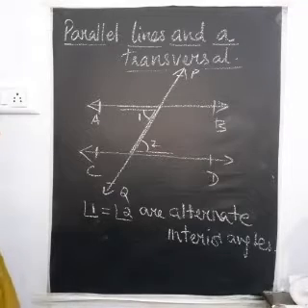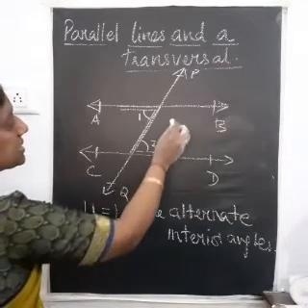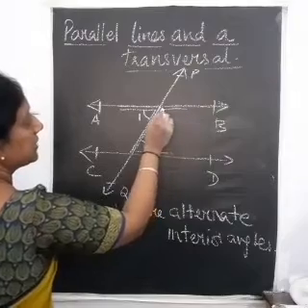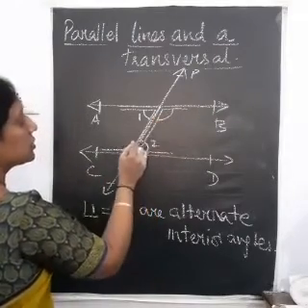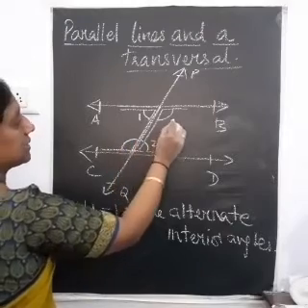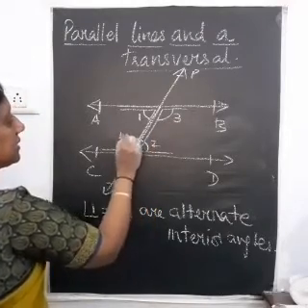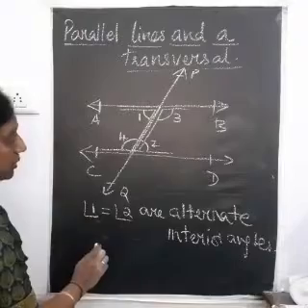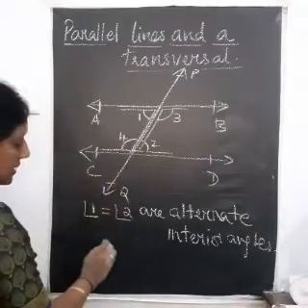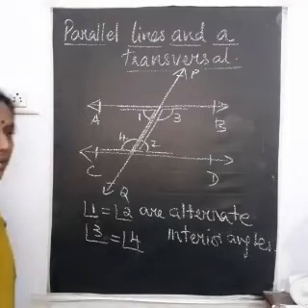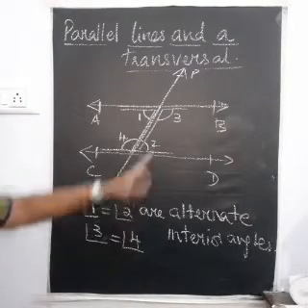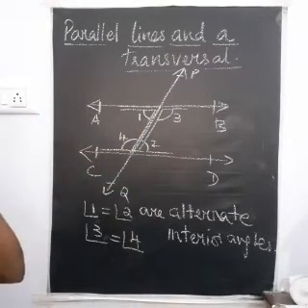Now if you take this, the other side, this angle will also be equal to this angle. This is 3 and this is 4. So we can also say, if we look at this side, we have angle 3 equal to angle 4. Understand? So this is also called alternate interior angles.